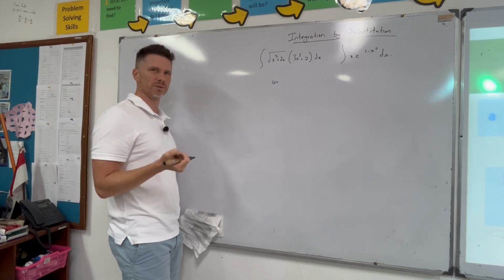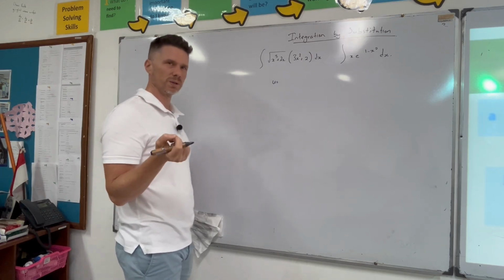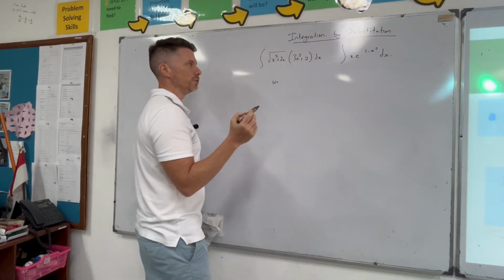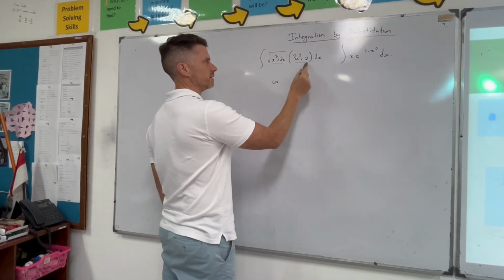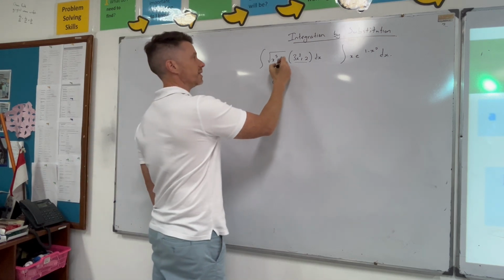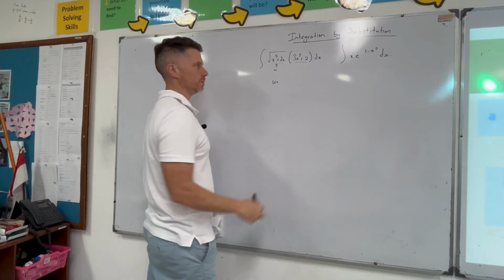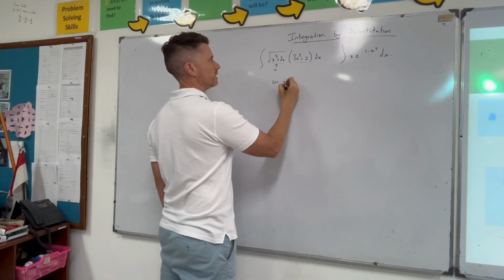If I need a du, I might need a derivative of u. So you notice straight away that this derives to this, and that is very important. So I'm going to call this one u, and something about this one might be du. But anyway, this is u.